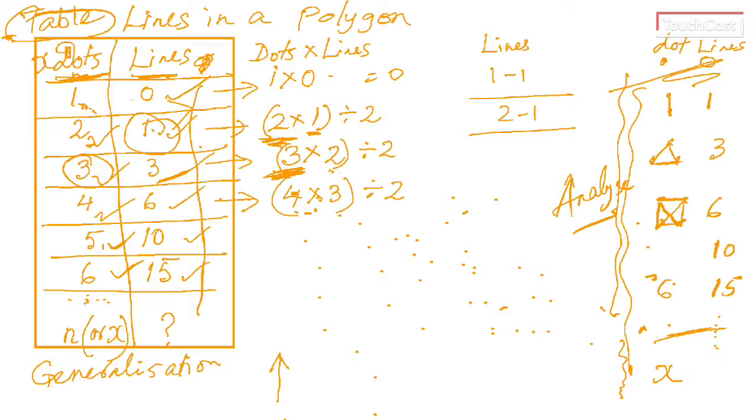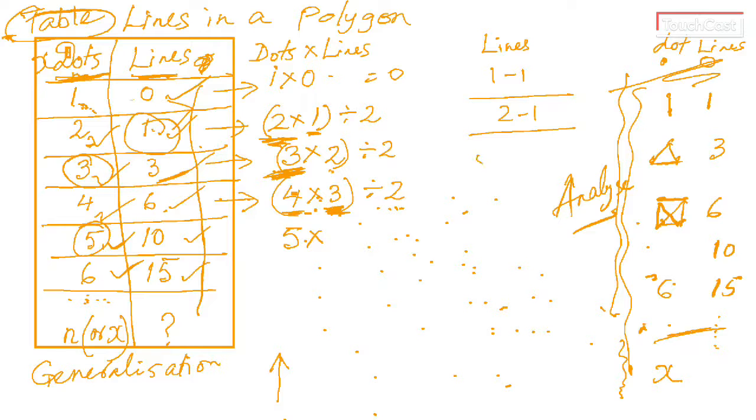And so on. 4 is the number of dots. 1 less than the number of dots, which is 4 minus 1 is 3. Divided by 2, that gives you that number. And the next one, now you can easily imagine, is going to be 5 times 1 less than 5.